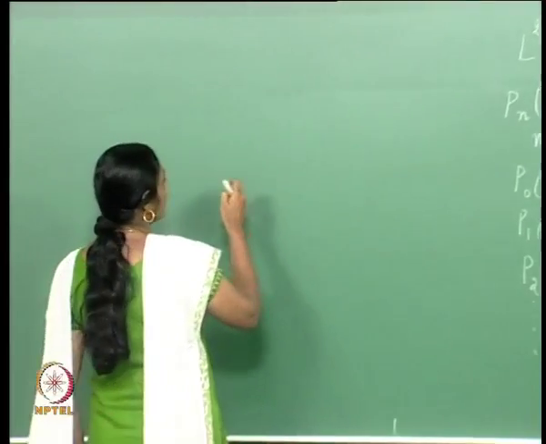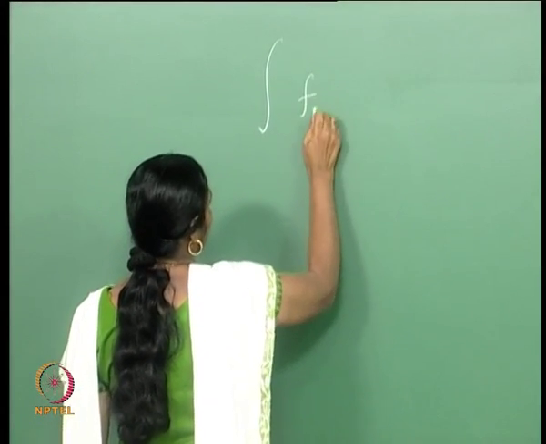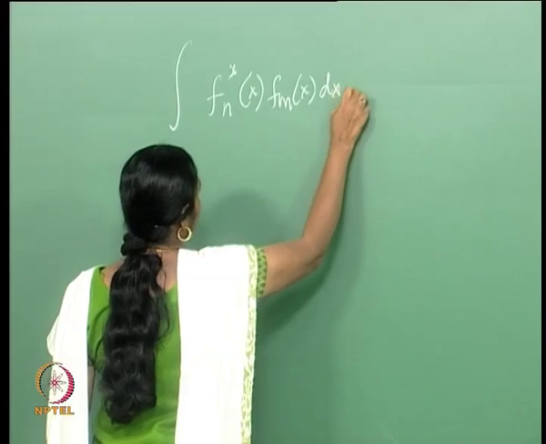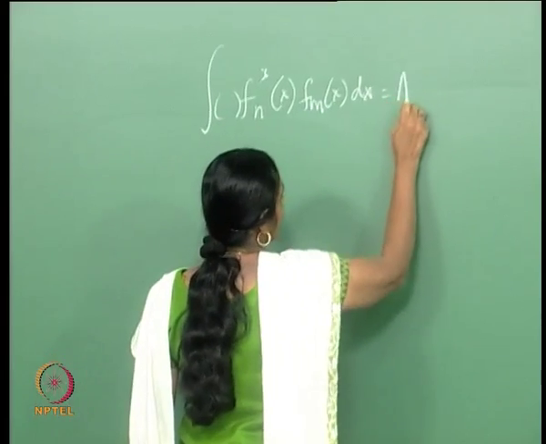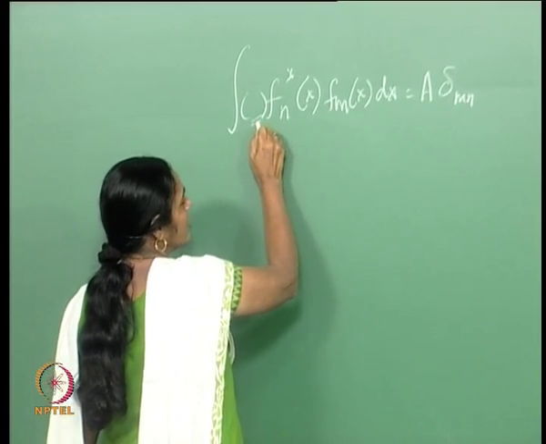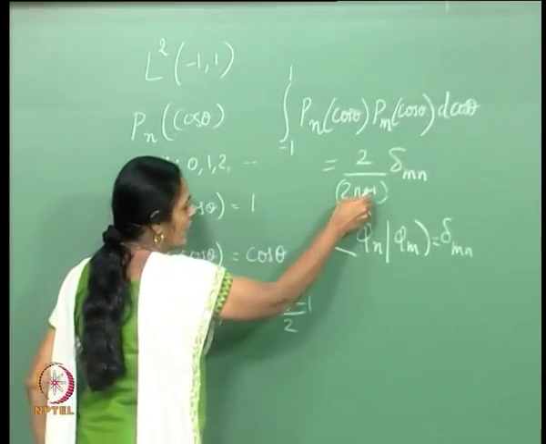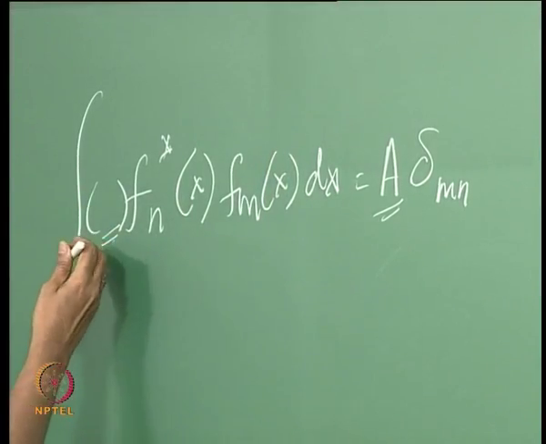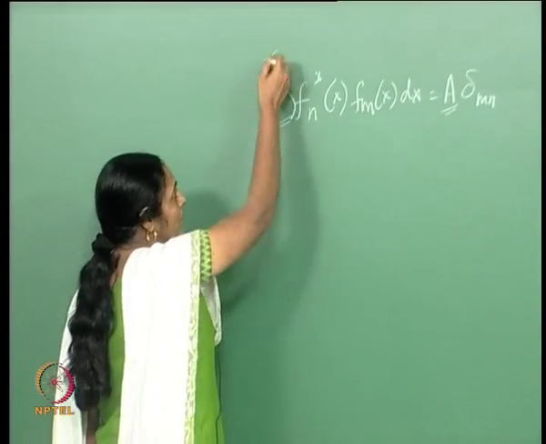Now in general, you would expect the orthonormality property to be of the form Fn star of x, Fm of x, dx, and there could be a measure here, is equal to a delta mn. So there is a measure here, like 2 by 2n plus 1, and in the case of the Hermite polynomials, this is a Gaussian, it's e to the minus x squared. Of course in that case the range would be minus infinity to infinity.